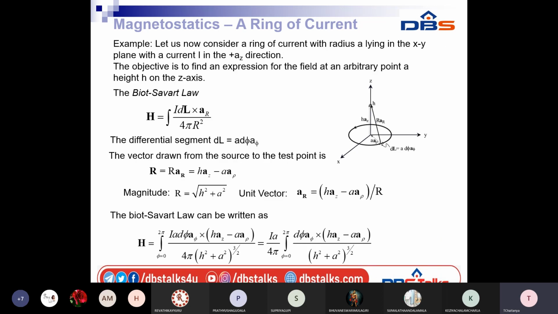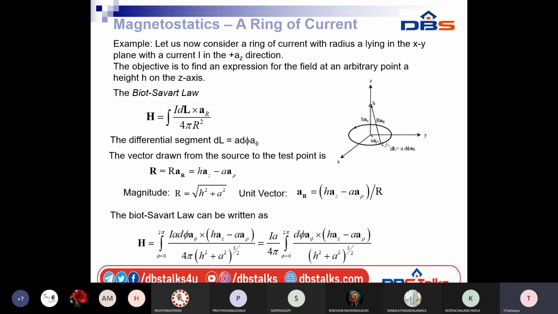The distance vector is h az minus a a rho in the cylindrical coordinate system. The magnitude of r is the square root of h square plus a square.